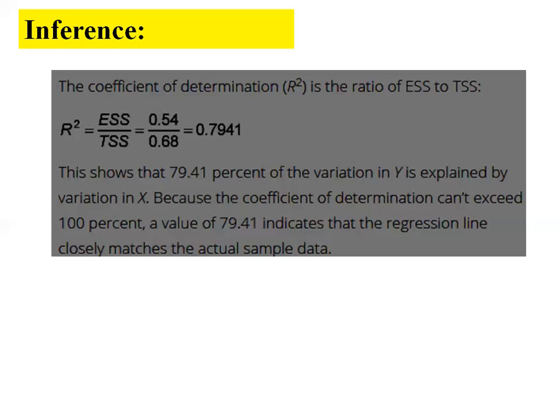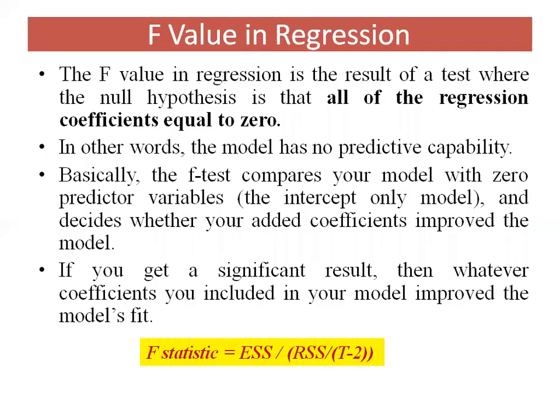In the case of R squared, to obtain the significance, we go for the F test, because they follow the F distribution, as we have seen in earlier classes. The F test has a null hypothesis. What is the null hypothesis? All the regression coefficients are equal to 0. In other words, the model has got no predictive capability.